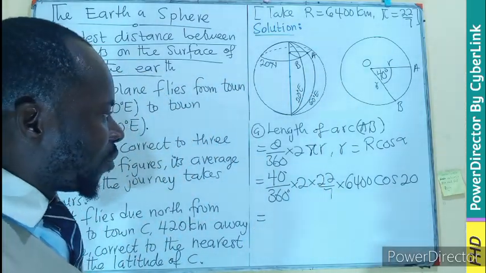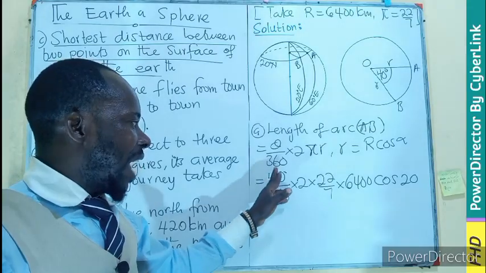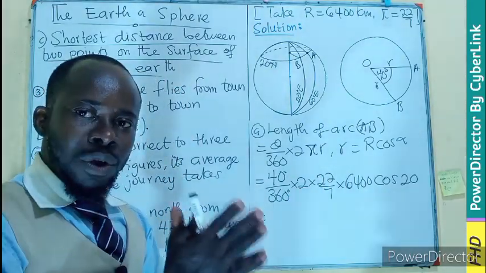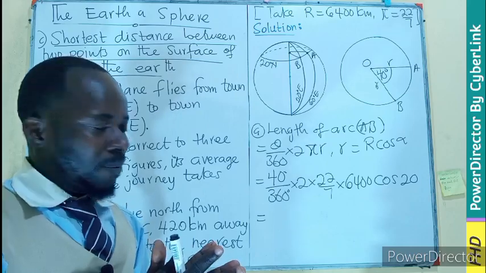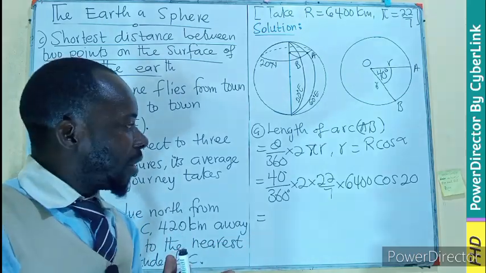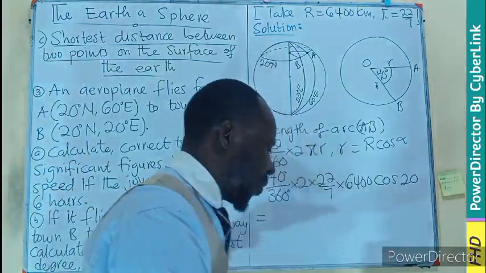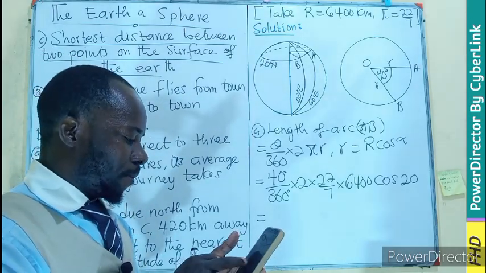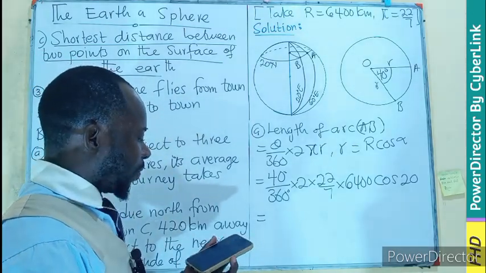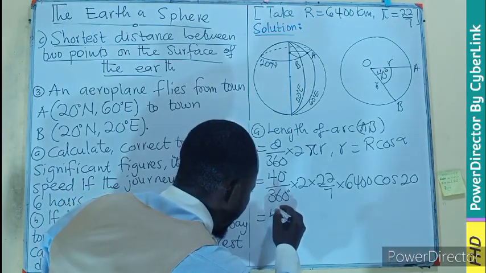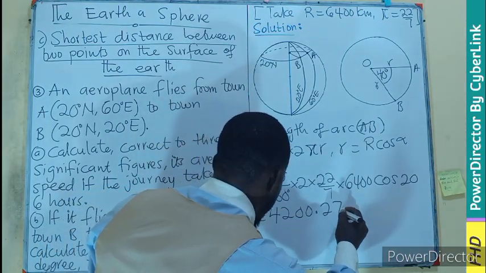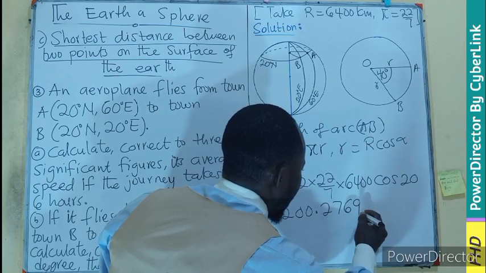Because of space, we would be supposed to find this and this together, this and this together, then multiply them. But here I'll be putting it all in the calculator to find the final answer. So from our calculator, we have 4200.27.